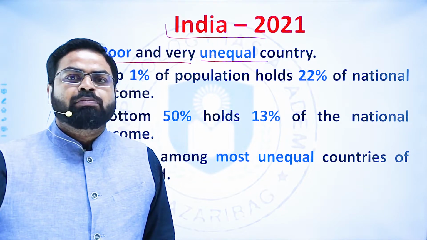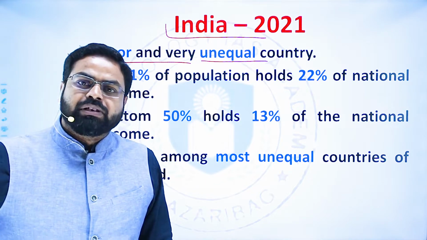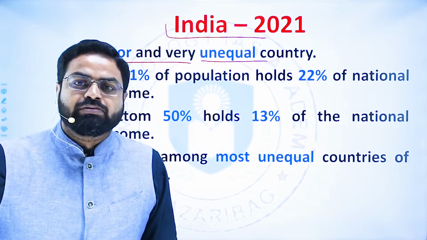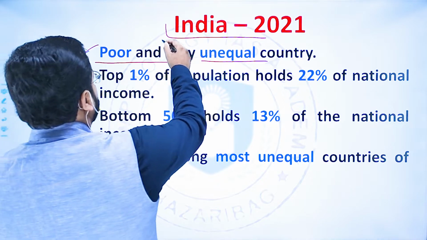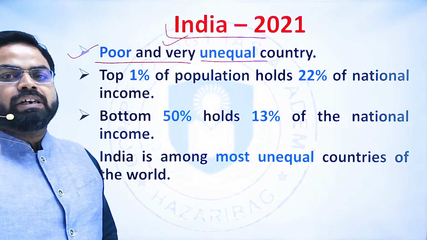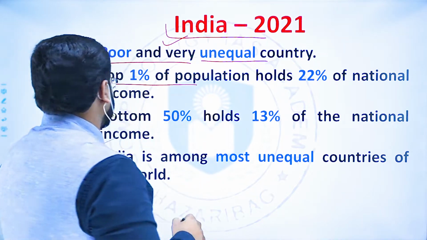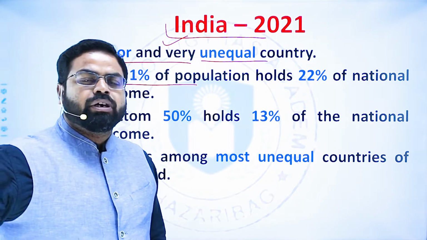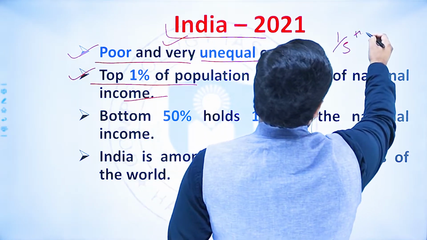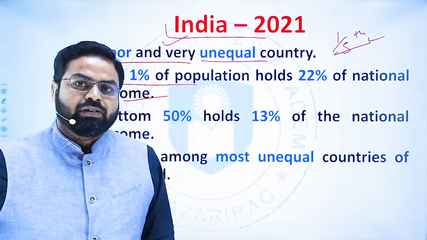Due to huge population and less per capita income, India is in the poor section of countries, and inequality is also increasing in India, and that is why it has been mentioned that India is a poor and very unequal country, because we have seen various affluent people here in India, like Ambani, Adani, Birlas, etc. And here, the top 1% of the population holds 22% of the national income, that is more than 1/5 of the national income cornered by only 1% of the elite group of the nation.